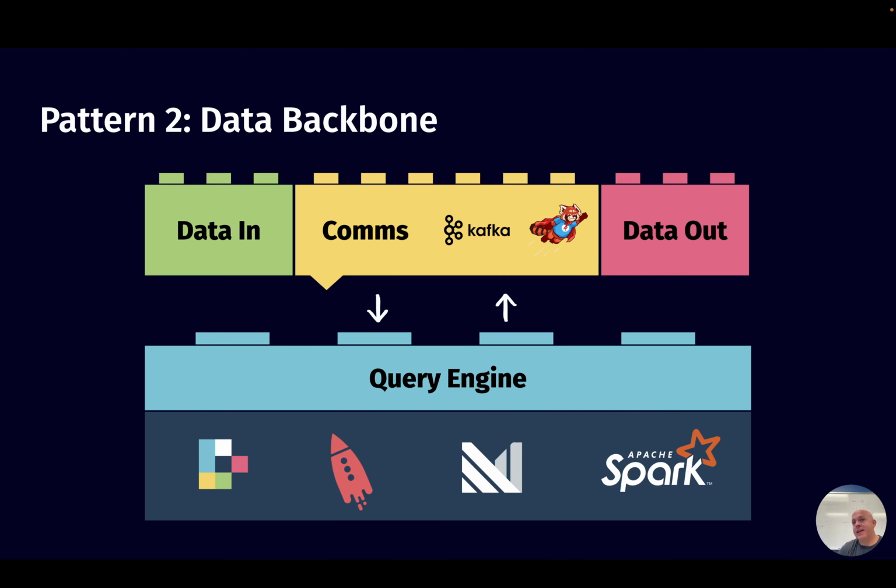This query engine could be Deephaven, ksqlDB, Materialize, Spark. Any of these are fine. And the way this would work is the query engine would read data in from Kafka, perform its calculations, get its outputs, and then those outputs would be sent right back into Kafka. Simple idea.